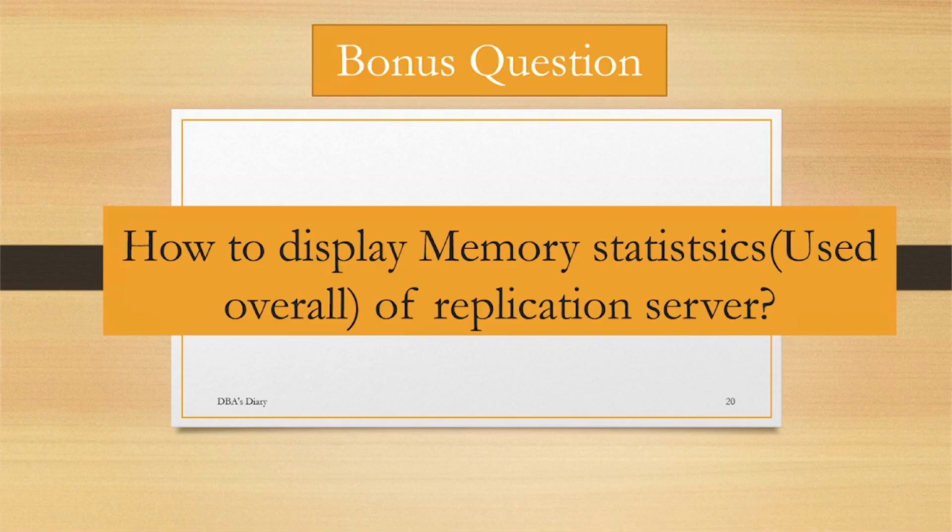The last question, the bonus question: how to display memory statistics of the replication server. This comes handy when you are fighting with your sysadmin or server admin. I had a case where I had an HP server with some memory leakage. We were arguing that this is not an issue from the server side, this is an issue from the replication server, which is consuming too much memory.